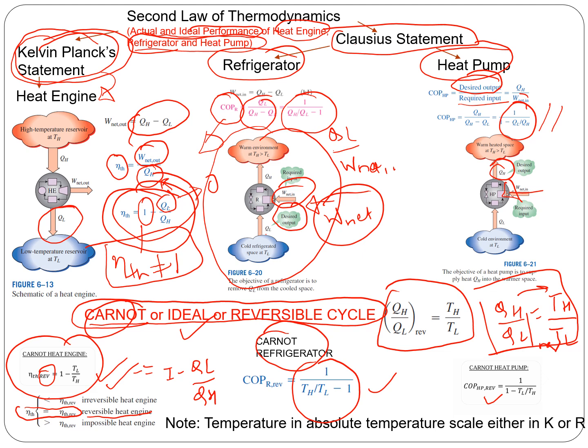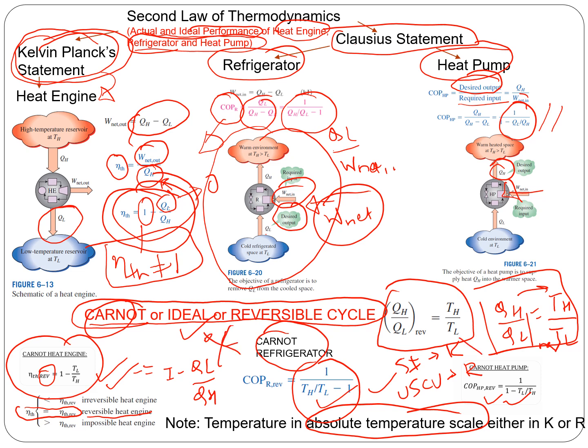And the most important thing when you do the calculation, whenever you are using the temperature, it involves the ratio of temperatures, so it always has to be the absolute temperature scale. For instance, if you are working in SI units, it has to be in Kelvin. If you are using US customary units, it has to be Rankine. So don't use the temperature in Celsius.